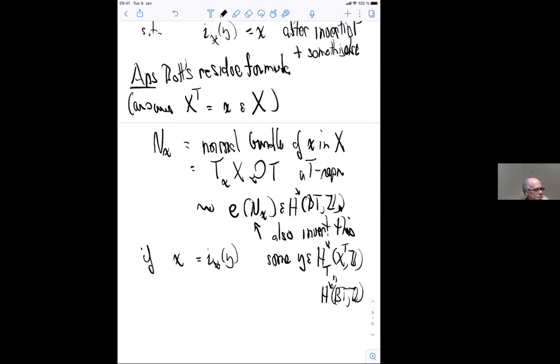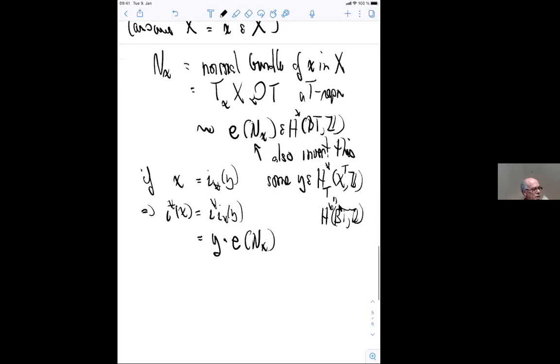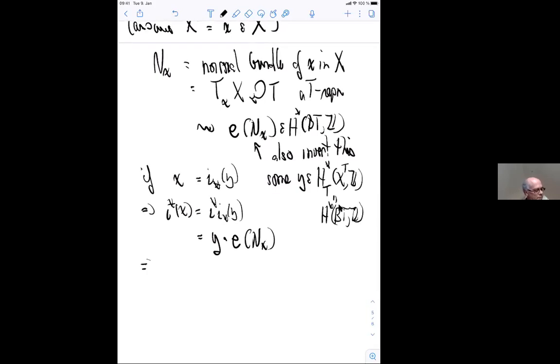So what does that tell me? That tells me that i upper star of x is i upper star i lower star of y. But then deformation to the normal bundle, in this case the tangent bundle, tells me that this is just y times the Euler class of this normal bundle, which is just the tangent bundle. Okay, so that solves for y.